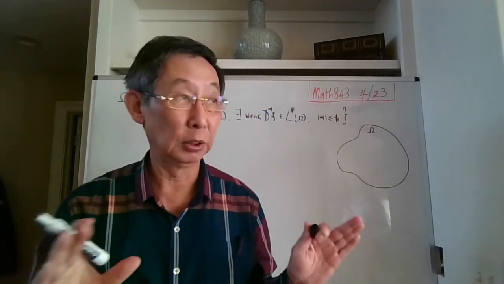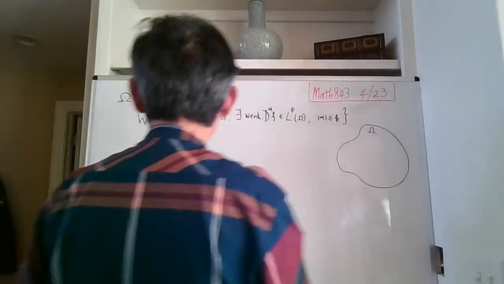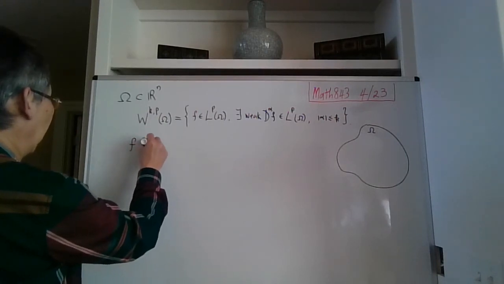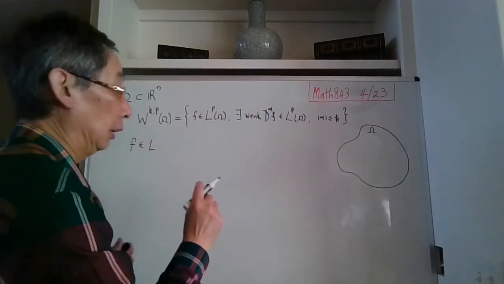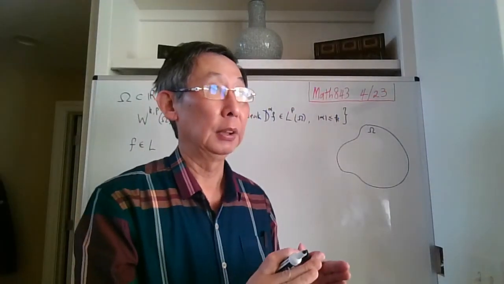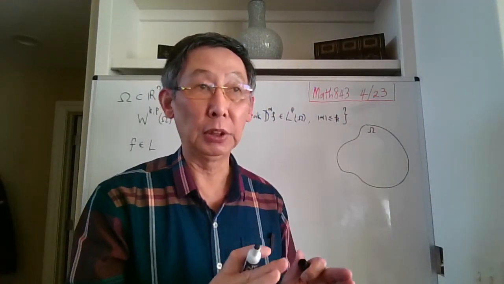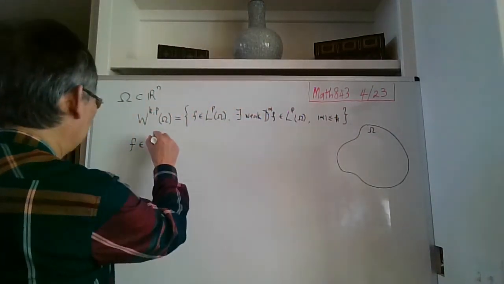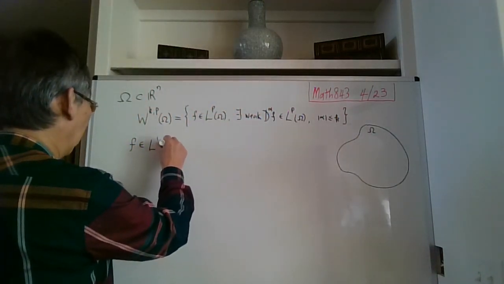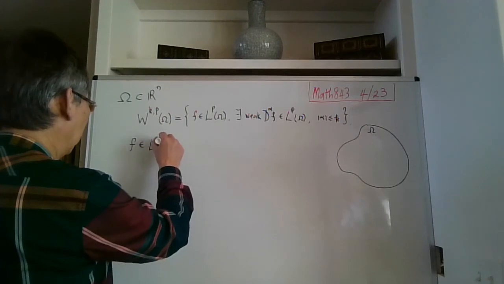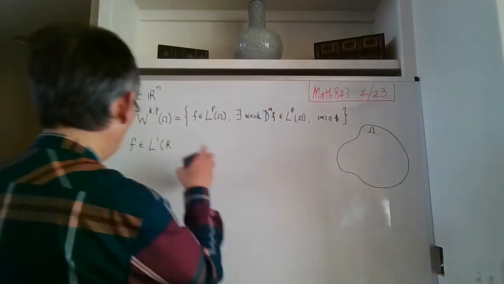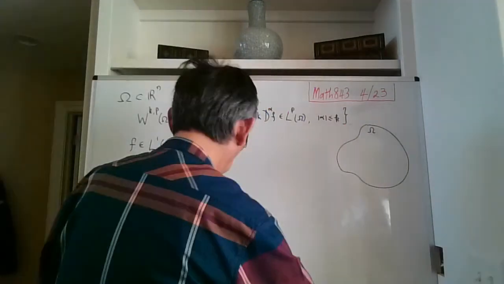It's just a domain, and I have a function f here, which is in L^1. Here we are not talking about the W^{k,p} space. We just look at the weak derivative. Let's say f is just in L^1 for simplicity.